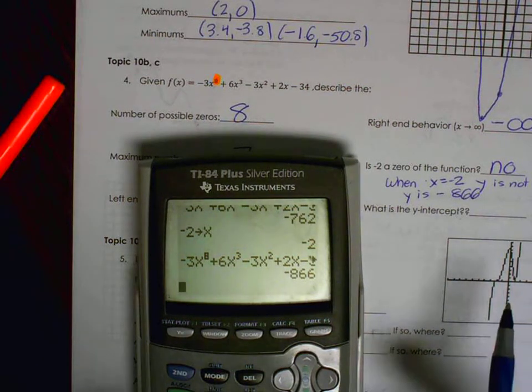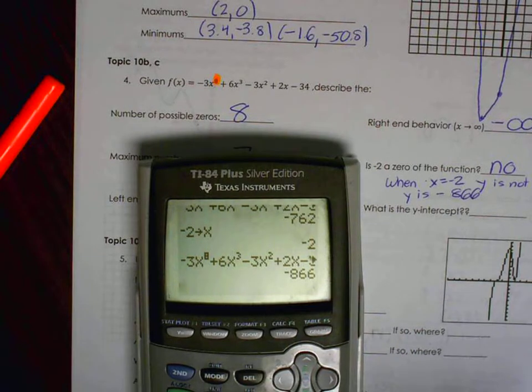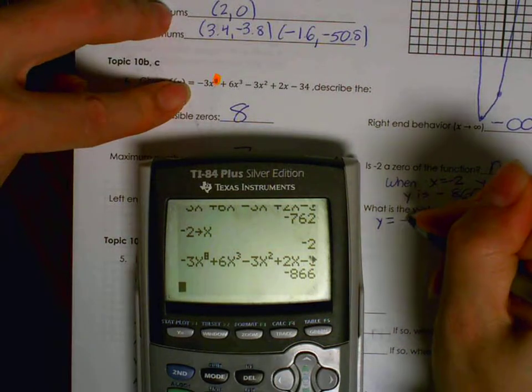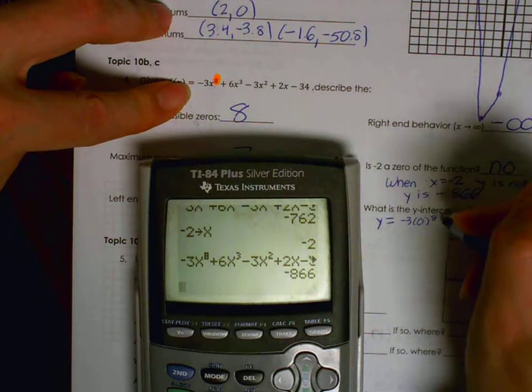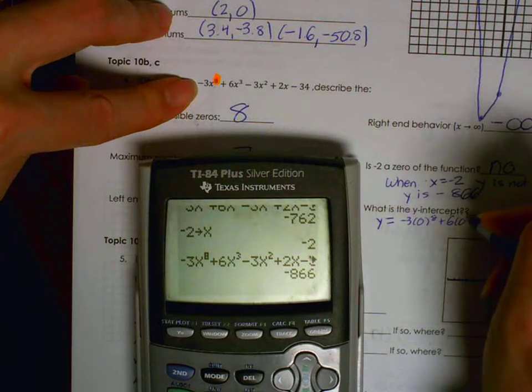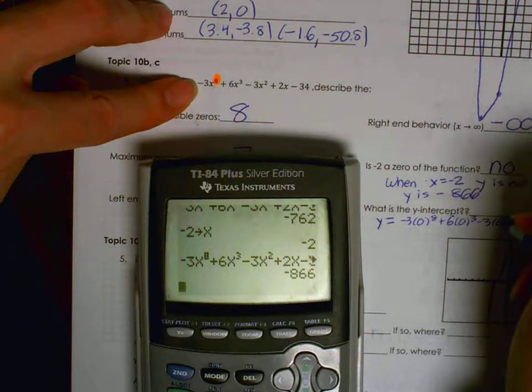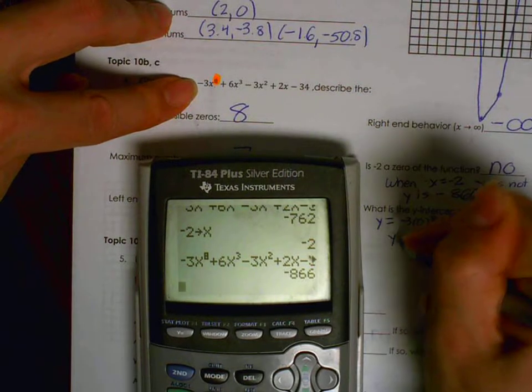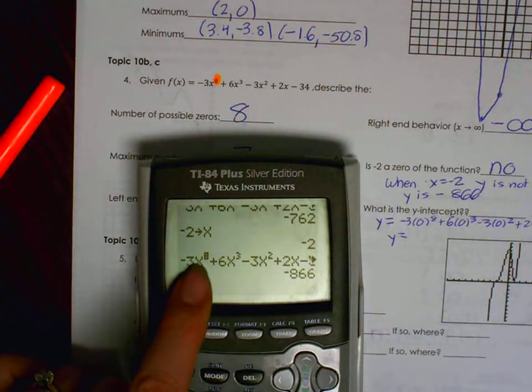And then for my y-intercept, everything is 0. You're putting zeros in for all your x's and you're seeing what y is. So I have y equals negative 3 times 0 to the 8th plus 6 times 0 to the 3rd minus 3 times 0 squared plus 2 times 0 minus 34. And I've already got it typed in here.